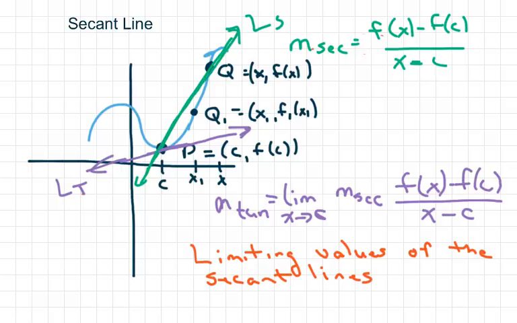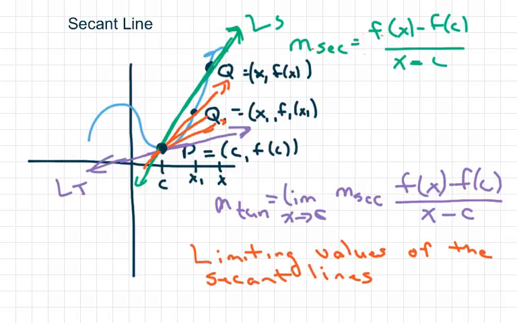Now, if you keep moving the secant line down, eventually you'll get to the tangent line, where it hits at only one point. The secant line hits at two points if it's on a curve.